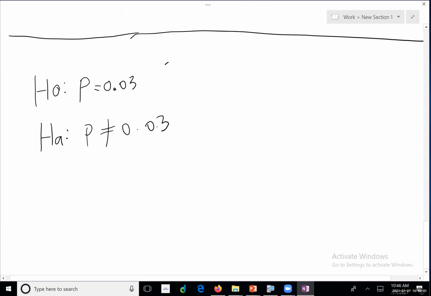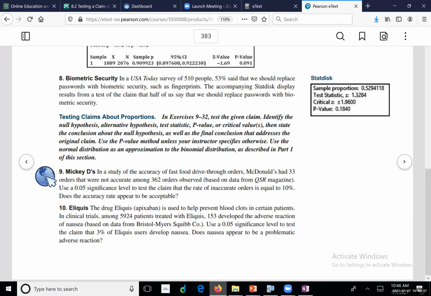Does that make sense? So it didn't say more, it didn't say less. That's where you use not equal to. Sometimes it says is not equal to 3%, and you use that too. But even if it says equal to, then the alternative is not equal to, because they didn't say less, they didn't say more. So that was step one. Step two, checking the requirements. So X, the number of successes, is 153.